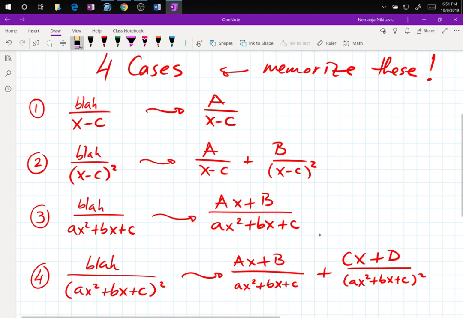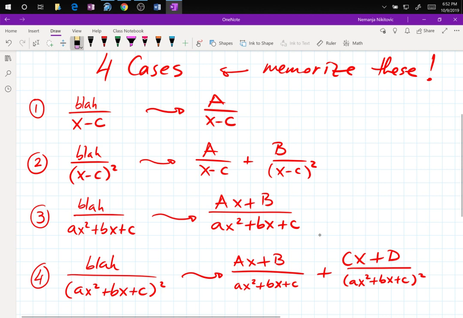What do we see? If you have a linear in the denominator, the numerators are constants. If you have a quadratic in the denominator, your numerators are linear. So you see a step down in the power by 1. So linear, constants; quadratics, linears.